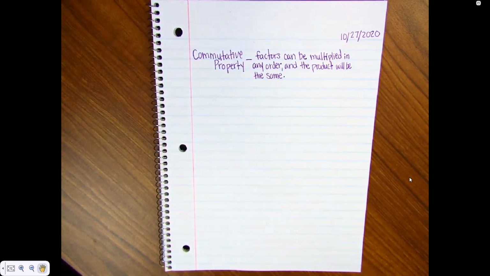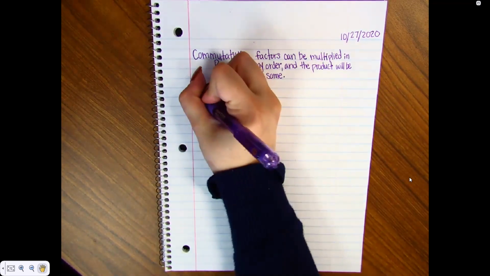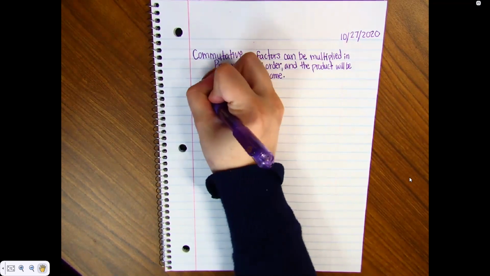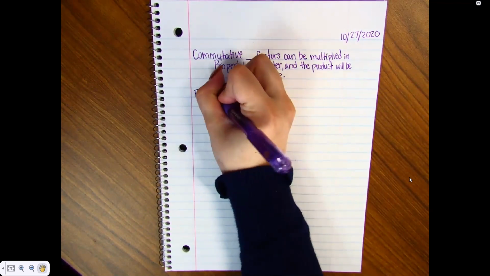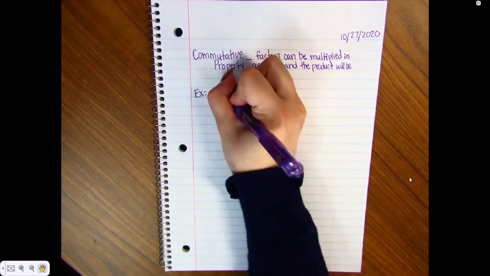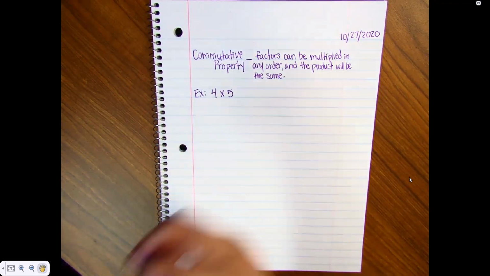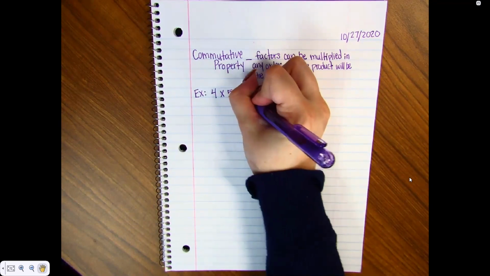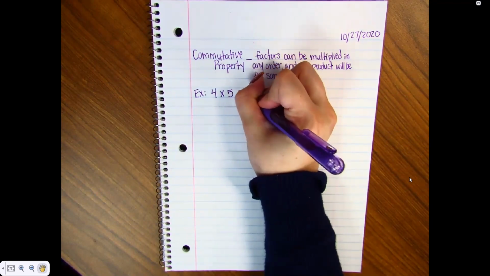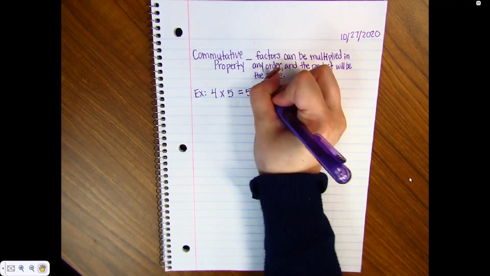So you're probably like, well, what does this mean? What does this look like? Well, an example of this would be 4 times 5 equals 5 times 4.